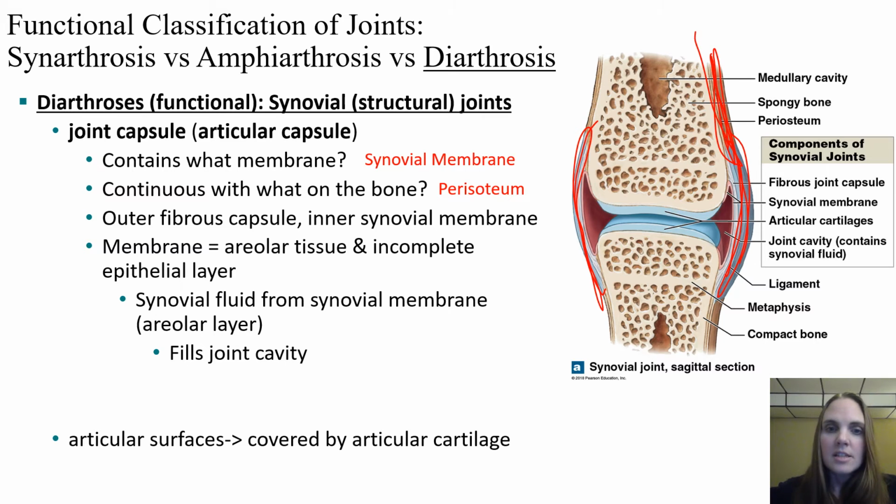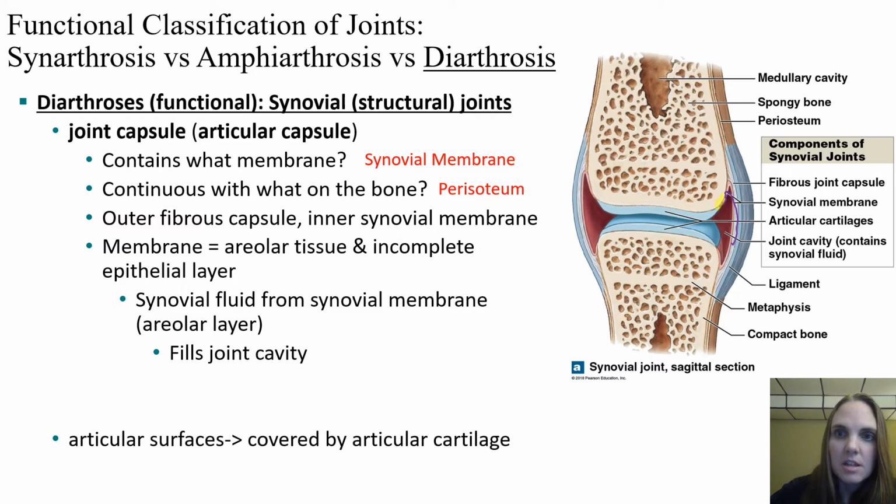So if we look in this image here, I'm just going to erase what I've drawn so far. That blue on the outside was the joint capsule, but if you're looking at this picture, I'm going to draw in purple now. The synovial membrane itself is in pink, and that didn't show up very well. Let's try yellow, and I'm going to use the highlighter.